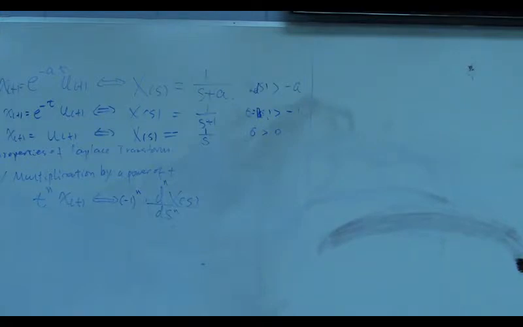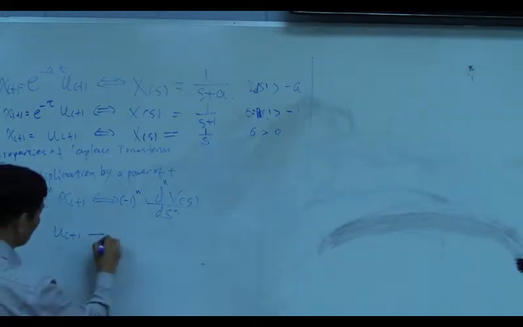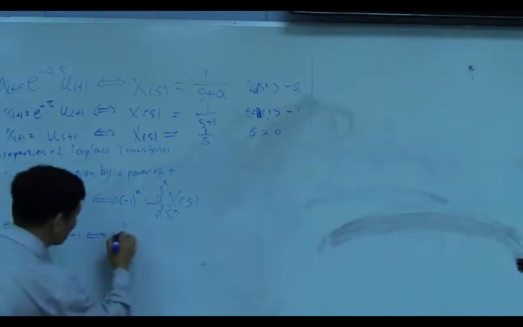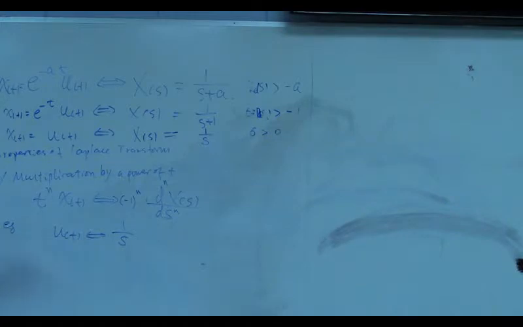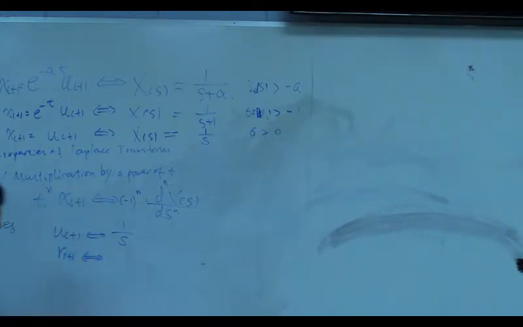Before I do an example, I let you try first. Again, what is the Laplace transform of u(t)? 1 over s. Perfect, that is what I want. Now, what is the Laplace transform of r(t)?